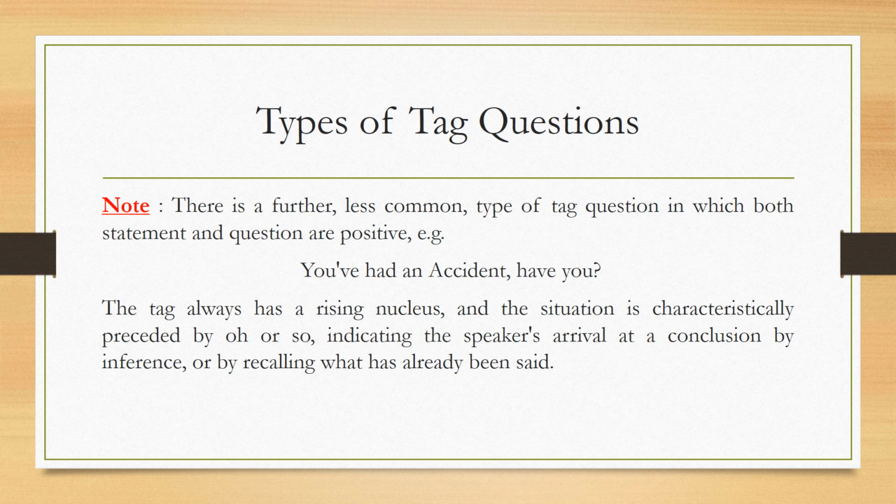Positive. Is it clear? What about the tone that we are using to produce the tag question? It is rising. You see, so the tone is rising, but such questions are different in structure, in that both of the statement and the tag question are positive.